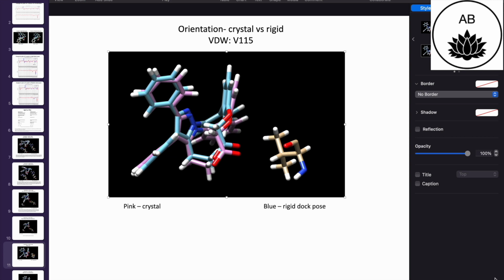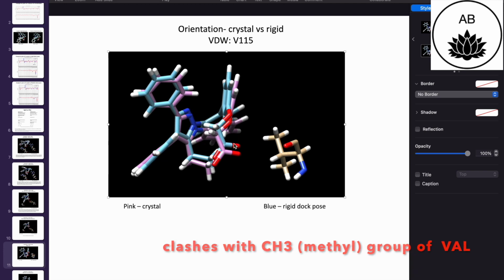If you notice, the crystal structure, which is in pink here, is further away than the docked pose. So the van der Waals clashes for the crystal structure are lesser. Notice these areas where I'm hovering my cursor. So you can see very clearly that the docked pose is nearer, disposed to have more van der Waals clashes.